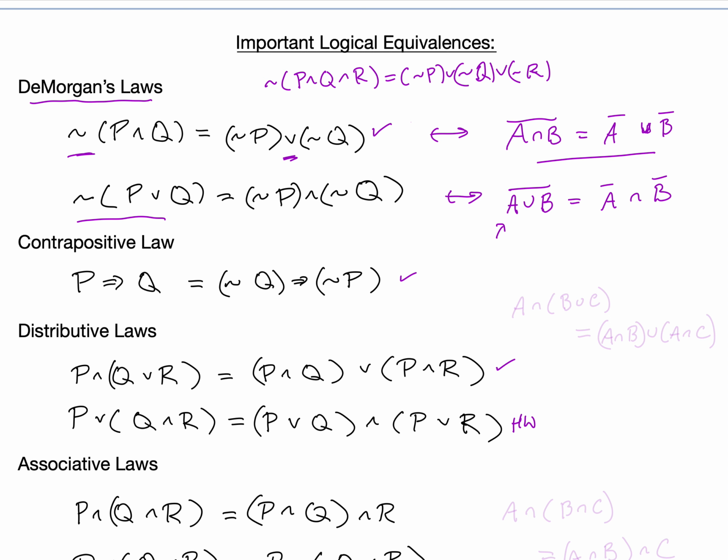Again, this relates to sets as well. So, for example, A intersected with (B union C) is the same set as (A intersected with B) unioned with (A intersected with C). So these same distributive laws for logical expressions also work for sets.